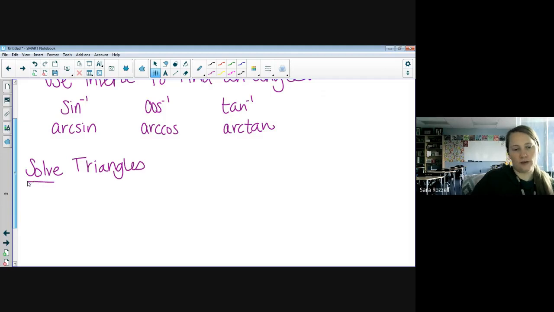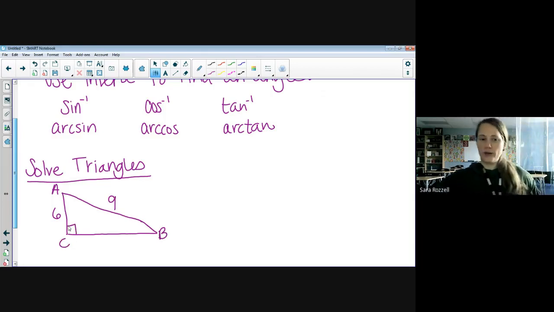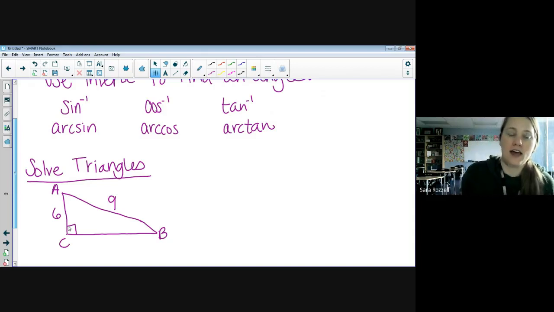Or if they just want you to find one specific angle, you can do that as well. So we want to find all of the sides and we want to find all of the angles.